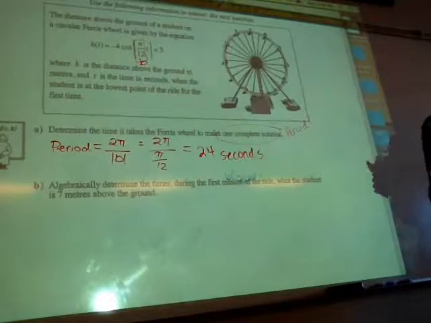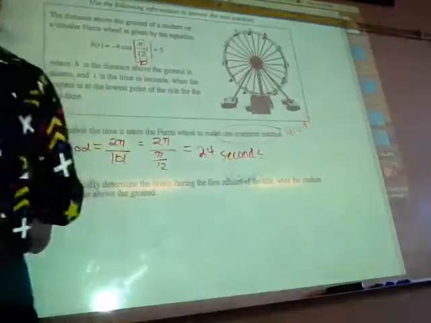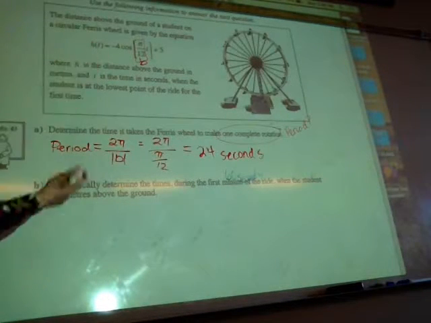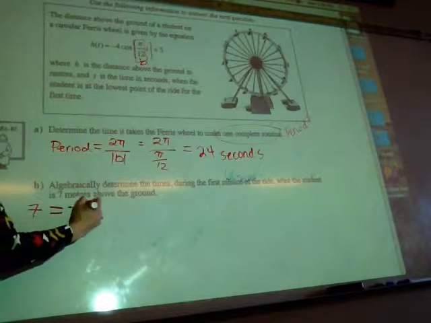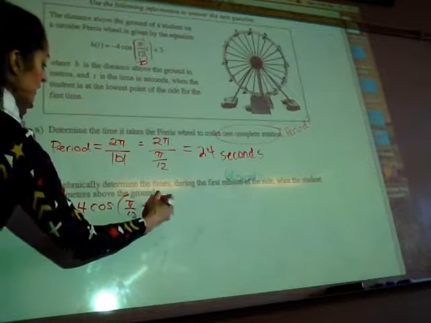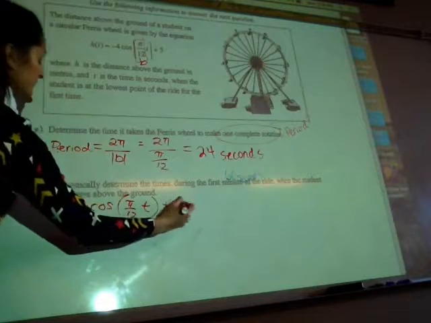But we're doing this algebraically, so we set the equation equal. 7 is my height h, and that will equal negative 4 cosine pi over 12 t plus 5.